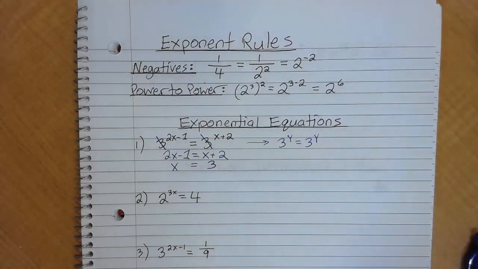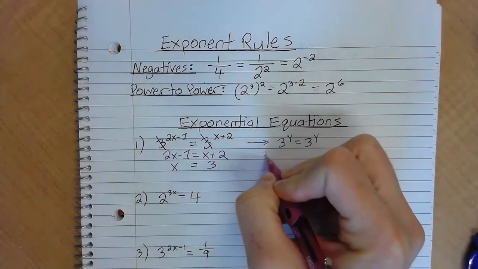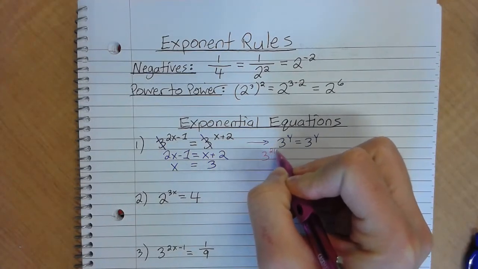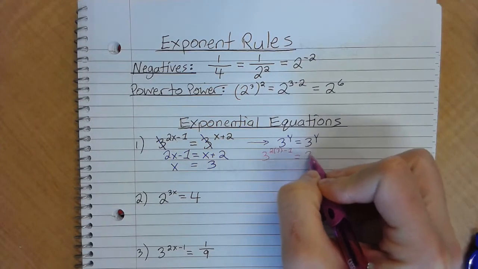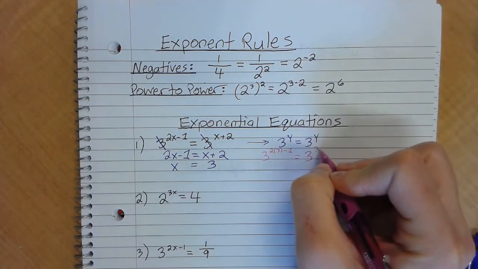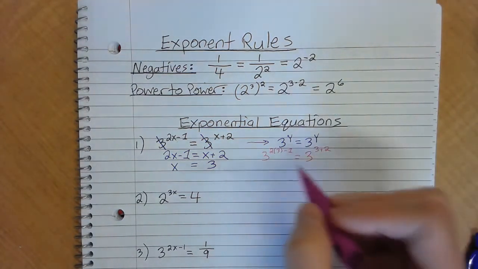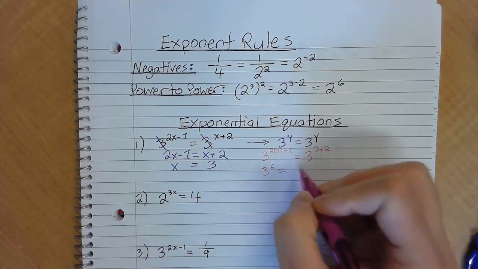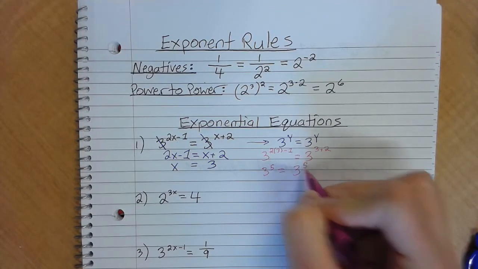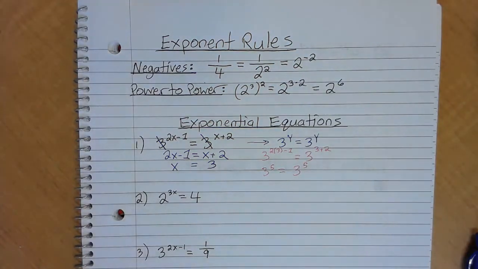So let's check that just for this first one. We will be doing 3 to the 2 times 3 minus 1 should be equal to 3 to the power of 3 plus 2. Some quick solving gives us that 3 to the 5th ends up being equal to 3 to the 5th, which is definitely true.